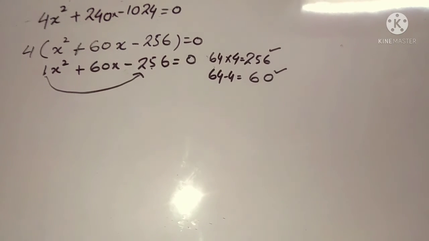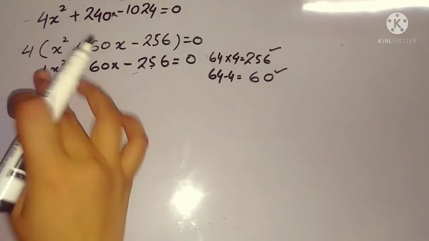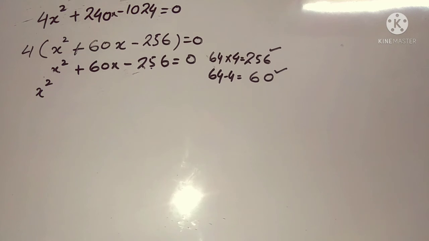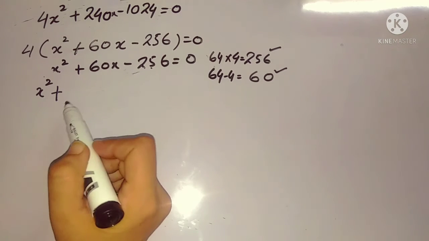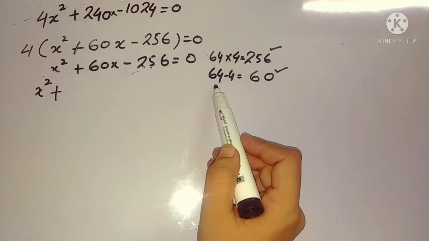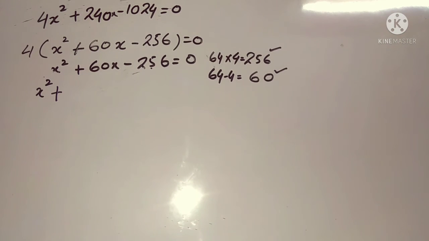Alright, so now let's solve it. The two factors are 64 and 4. Write down the first term as it is. Whenever you make the factors, remember two rules: the sign of the middle term should come first, and you have to write down the bigger factor first.